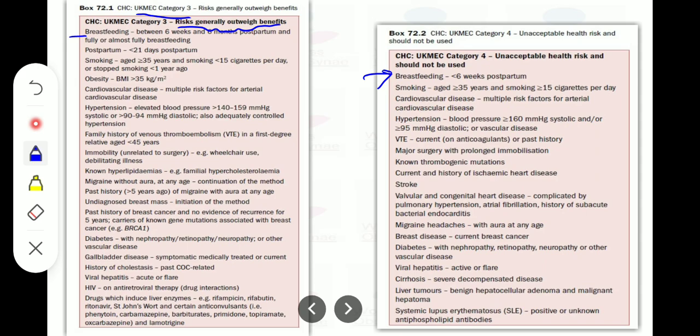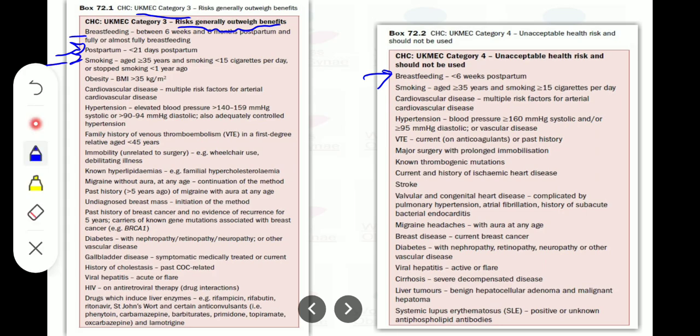Next is the postpartum period, meaning less than 21 days is included among category 3. If the patient is at day 10 or day 13, meaning less than 21 days, and that is written in the scenario along with the categories, you will select category 3. Nothing is written about category 4 because that is category 3. Let us discuss the next point, that is smoking, and compare both.